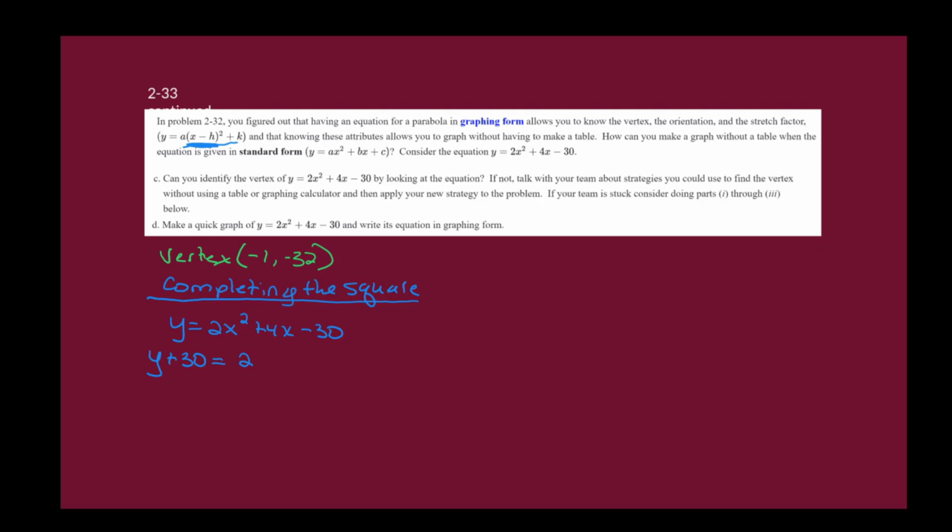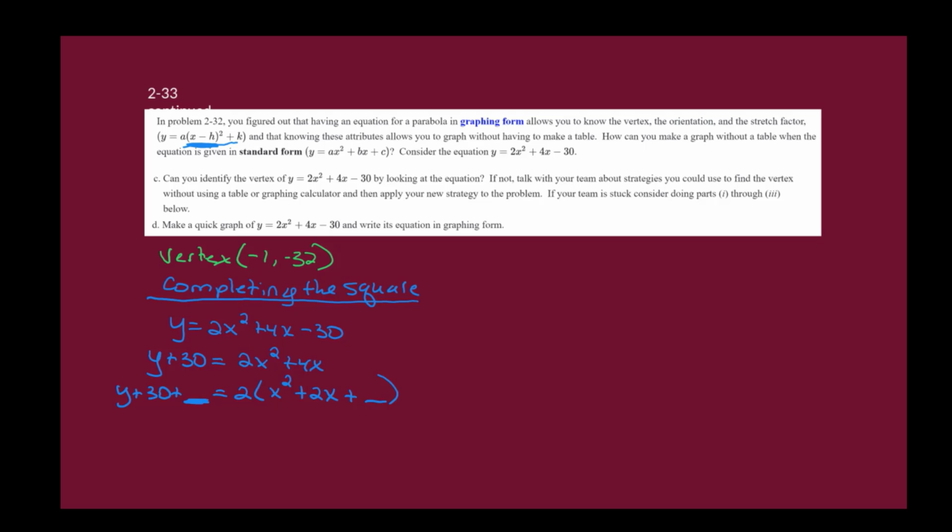All right, then we have our 2x squared plus 4x, and then we've got to do some factoring. So I'm going to have 2, and inside it's going to be x squared plus 2x plus a blank because we do need to finish off our square. Then I'm going to have a y plus 30 plus a blank. Okay?